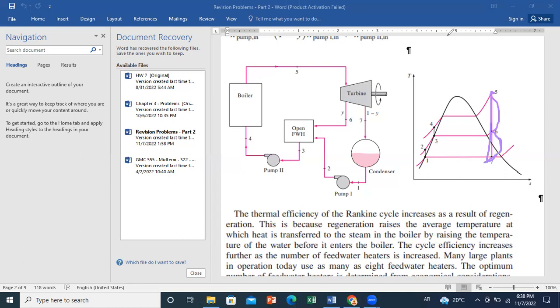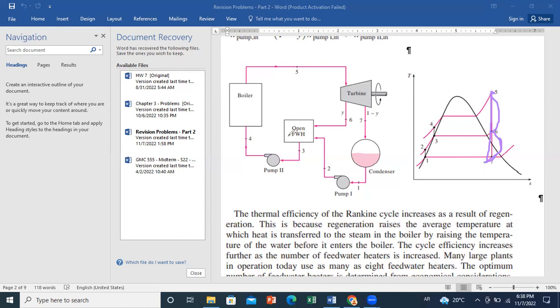So it's true that Q out is also reduced, but if you do the balance overall, and we'll demonstrate it together now in a problem, you will increase the efficiency because you will gain more than you will lose. Okay. So this is the idea here.